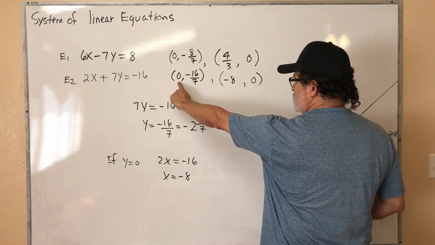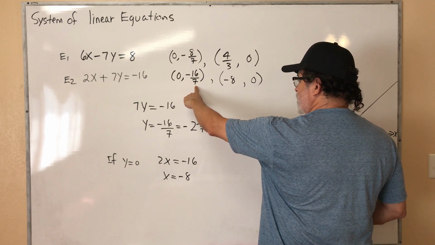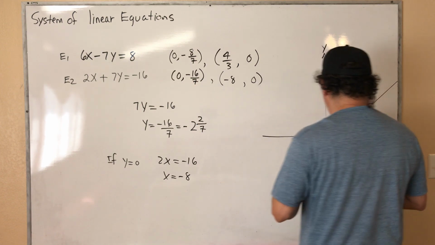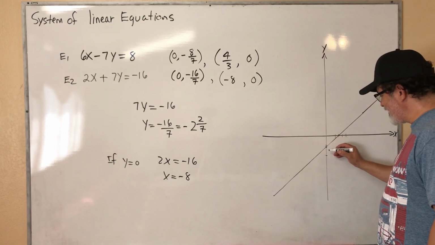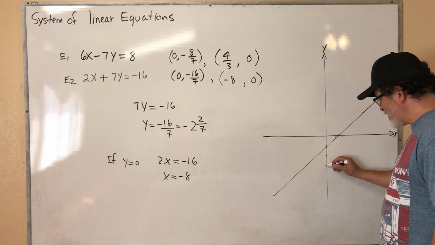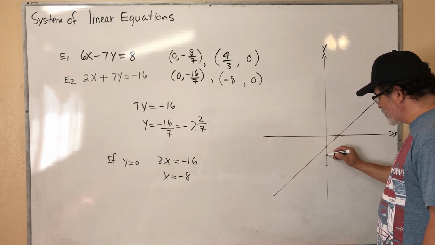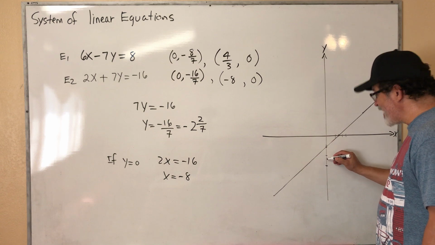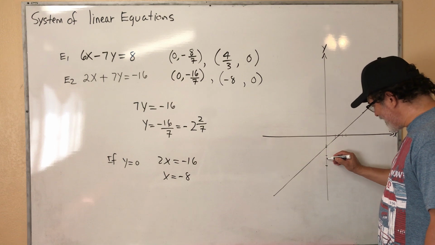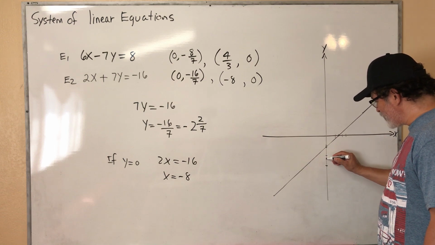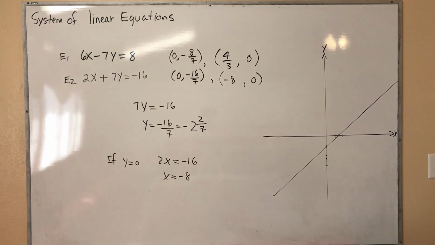Okay? So if x is 0, y is negative 2 and 2/7. Look. If x is 0, y is negative 1, negative 2, negative 3, and negative 2 and 2/7, right? So negative 2 and 2/7, I'm going to say right around there.